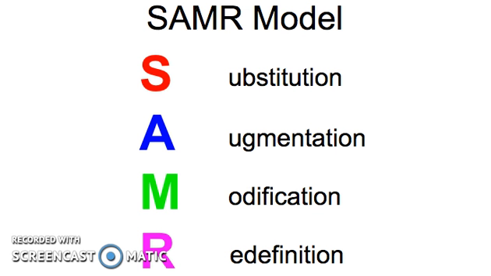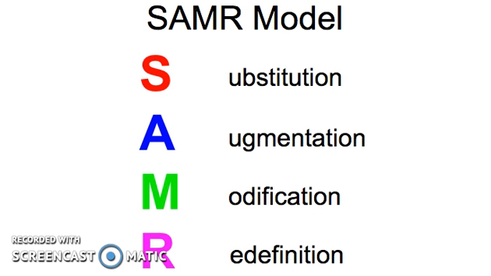The A stands for augmentation, where the same task is done, but the functionality of it is increased. The M is for modification, where parts of the task are redesigned more effectively to transform learning. Lastly, the R stands for redefinition, where new tasks are created that were once unimaginable.